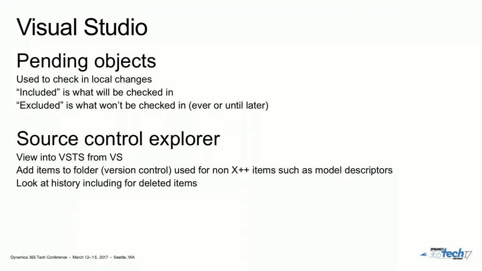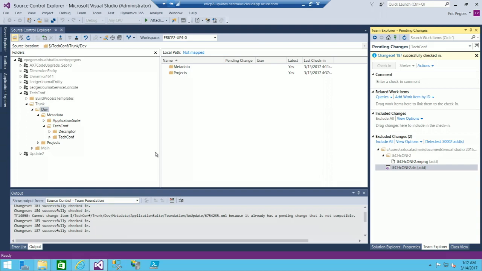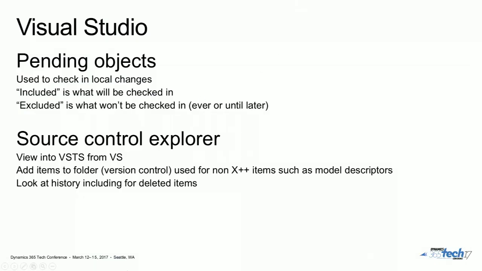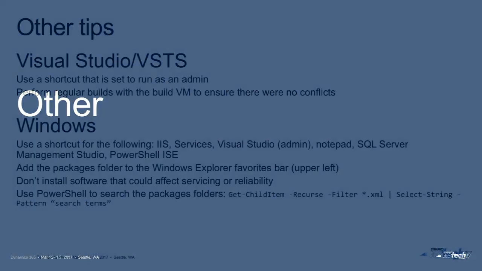Okay. I was going to just try to remember a couple of other things to show. I'll do those at the end. So I created a customization, checked it in, and then I installed the X++ hotfix and checked it in.